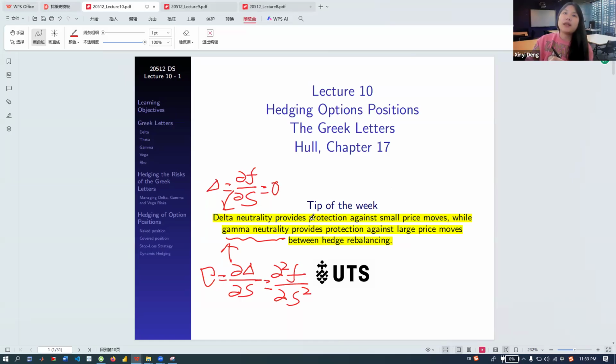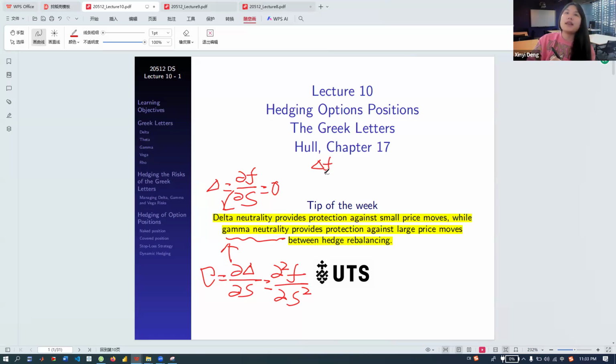Let me quickly expand on the meaning of this tip. If you are able to get your portfolio delta equal to 0, then for your portfolio, let me still use F to represent your portfolio value.